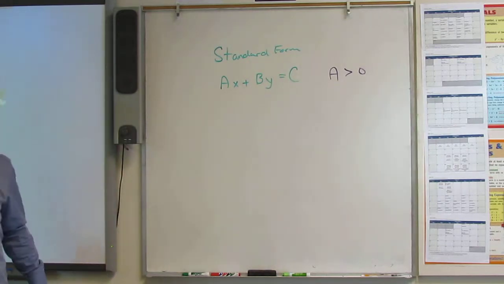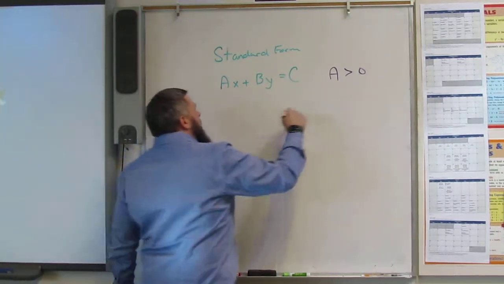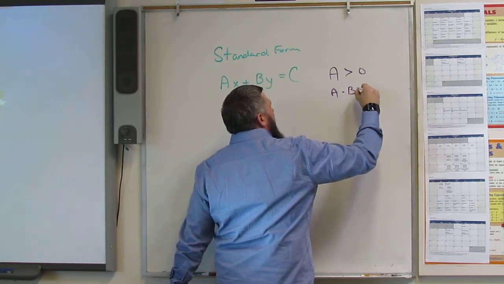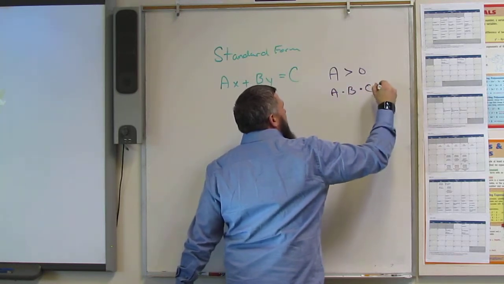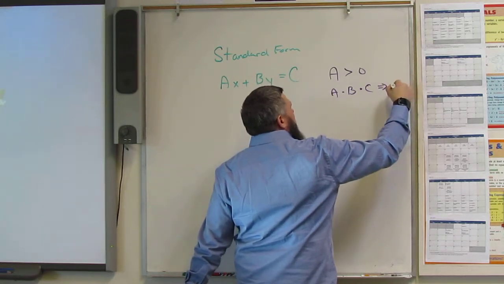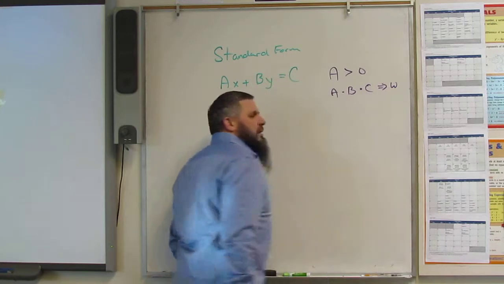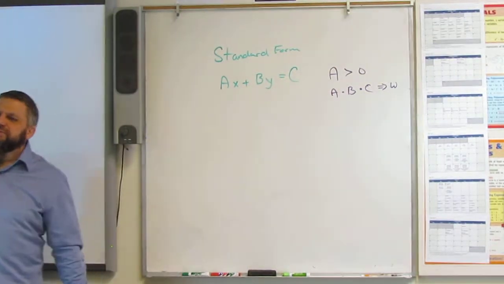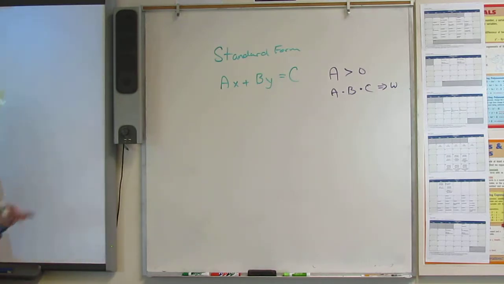And A and B and C are whole numbers. Okay? That means 1, 2, 3, 4, 5. No fractions, no decimals. And A has to be greater than 0. It has to be a positive integer.